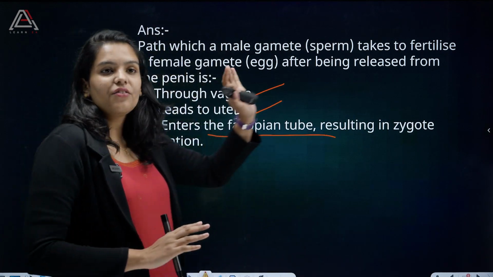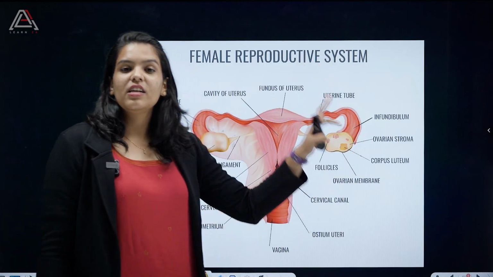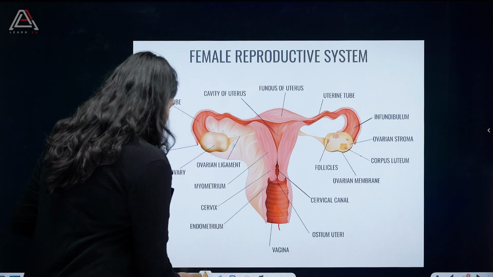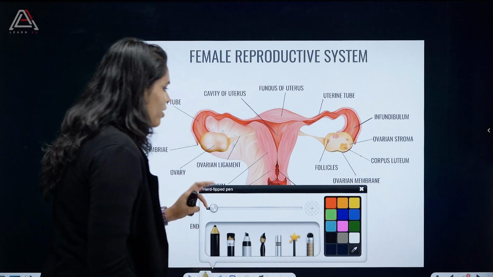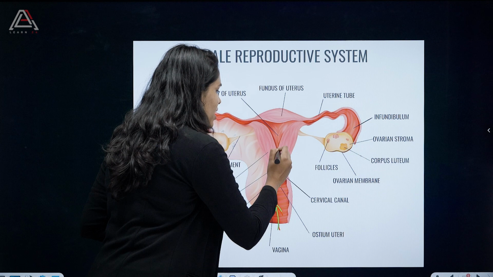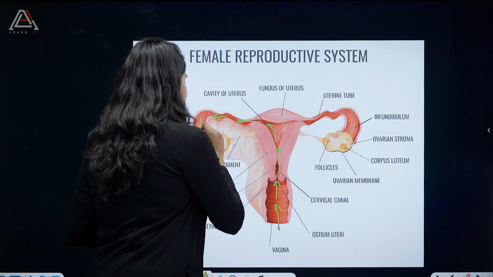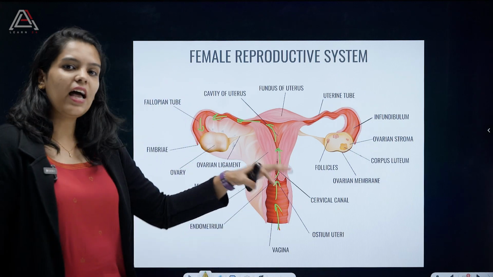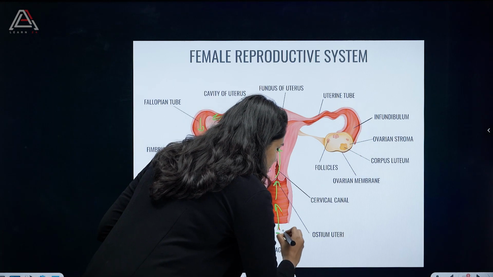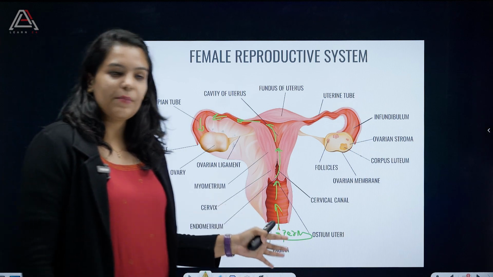Either you can write it in points or you can draw the female reproductive structure diagram and denote it with arrows, showing how the sperm moves to the fallopian tube, entering and fusing with the female gamete, that is the ovum.